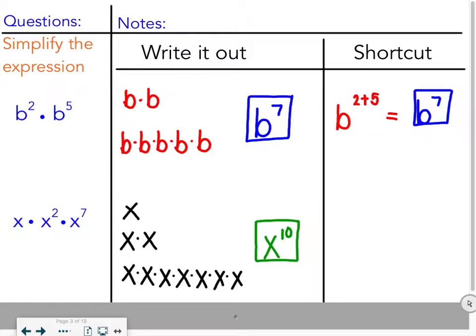If I do the shortcut and I add my exponents, then really it's x to the first for this one right here. If there's no exponent, it's 1. So if I add my 3 exponents, I have 1 plus 2 plus 7. So then I end up with x to the 10th.